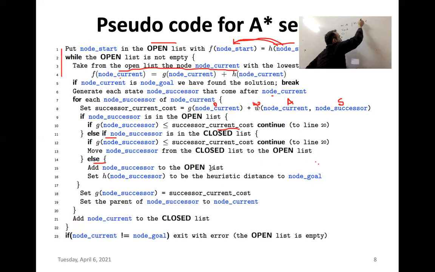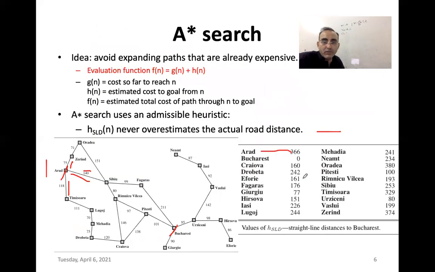So I have to add Sibiu here, and set h of successor to be the heuristic distance to the goal node. Now you have to look into the table of SLD and find the value for Sibiu.